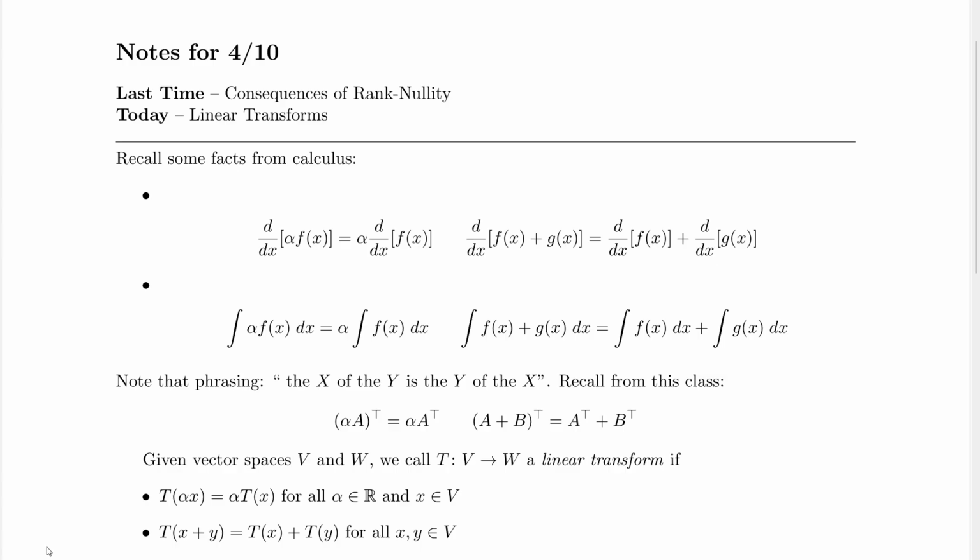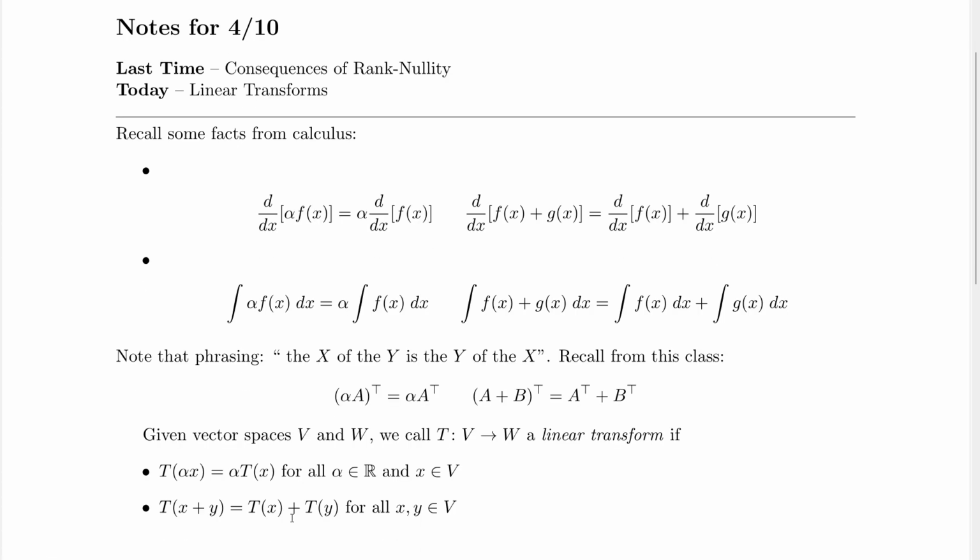And again, it's worth noting, notationally speaking, we don't really make a distinction, but the scaling here, that's the scaling of the vector space V. This is the scaling with respect to W. Right? Note, I don't have different notation for either of those, but that's really what's going on here. And likewise, this is the summation of V. This is the summation of W. So while notationally we're kind of overloading, hopefully you're seeing what's going on.